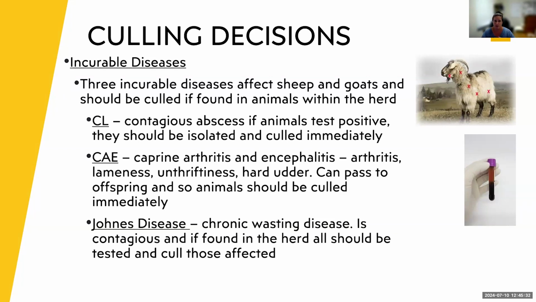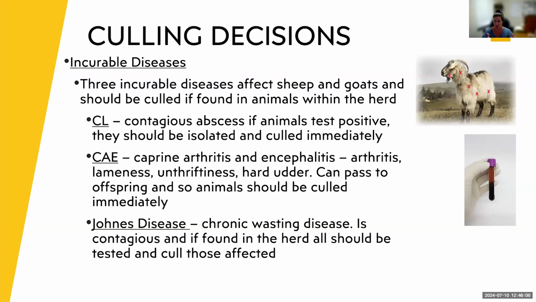CAE is caprine arthritis encephalitis. It is what it sounds like. It's arthritis, lameness, unthriftiness, and specifically in females, it can also cause a hard udder, which decreases their milk production. It can pass to offspring, and so animals should be culled immediately. In dairies, they are known to heat treat their colostrum and milk to prevent CAE transmission to offspring.